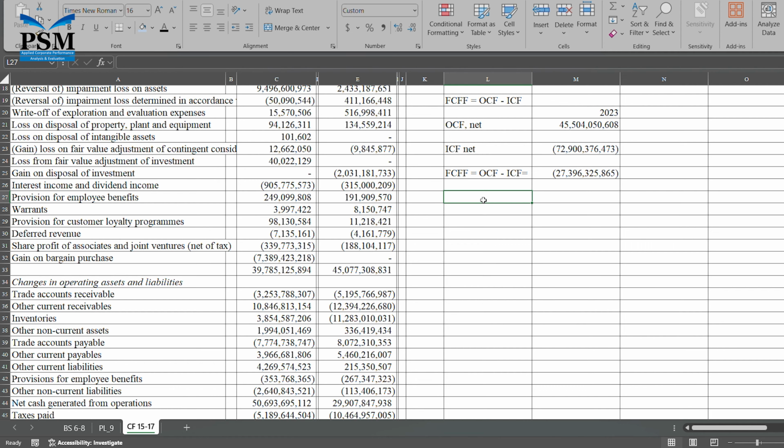Now we want to know how the company was able to pay dividends, even though it has a negative free cash flow of the firm. Let's see the FCFE amount. FCFE shows money available for the shareholders of the company.